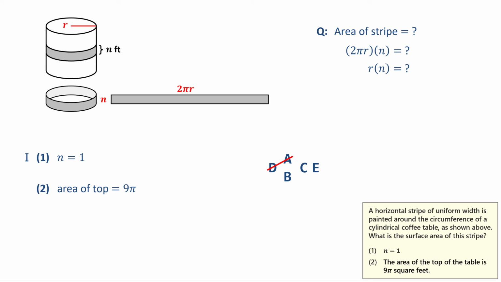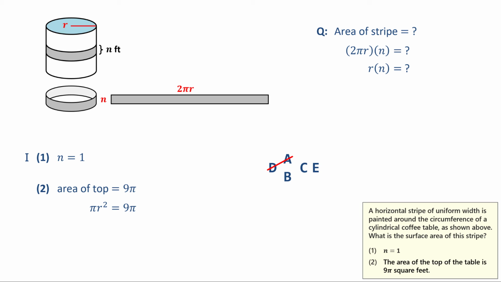Looking at our diagram, the top of the table is this circular region. The area of a circle of radius r is pi r squared. So in our equation for statement 2, we can replace the words area of top with the formula pi r squared, and then just copy the rest of the equation.